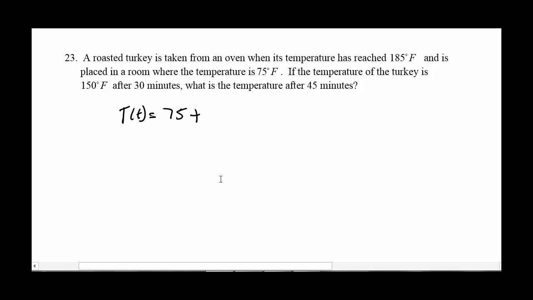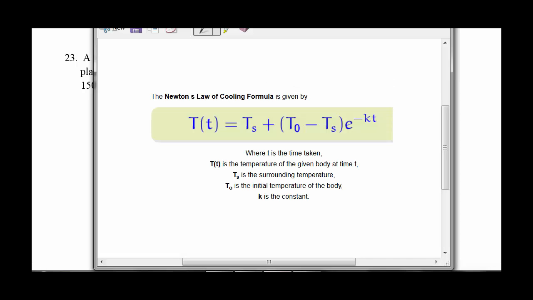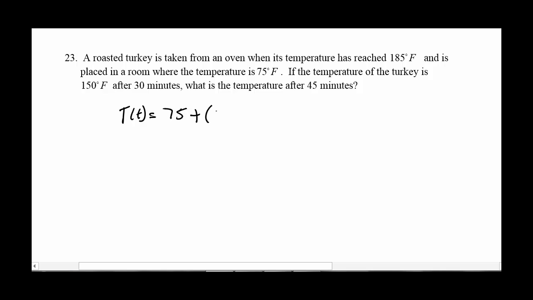Then I need the initial temperature minus the room temp, so 185 minus 75, times e to the negative k t. I don't know k yet, and I don't know t yet, but so far these are the constants in the problem.